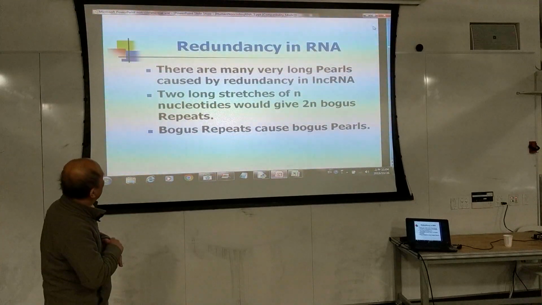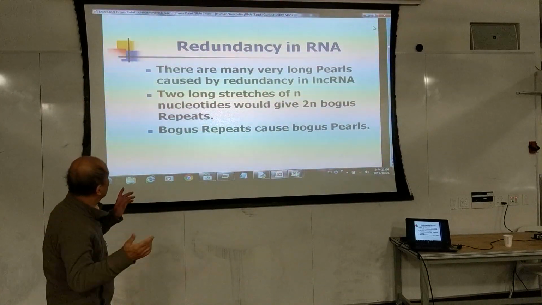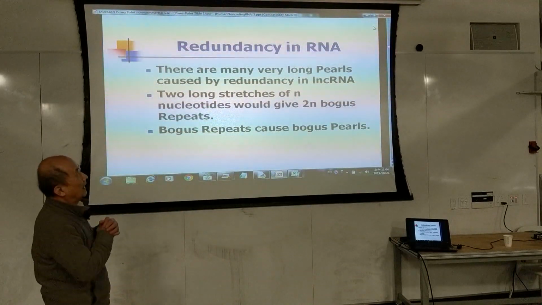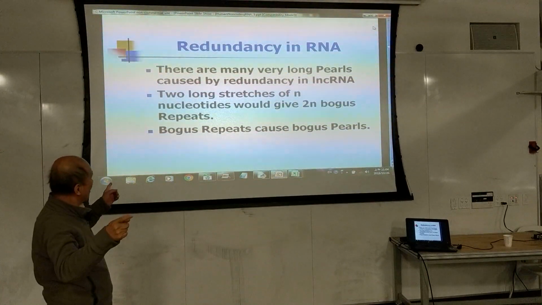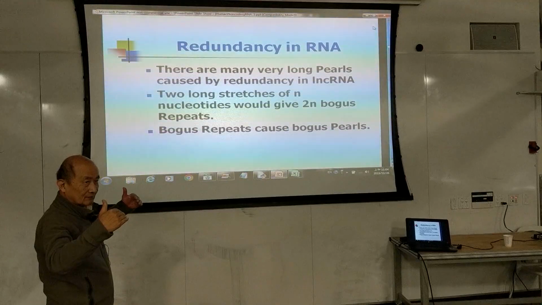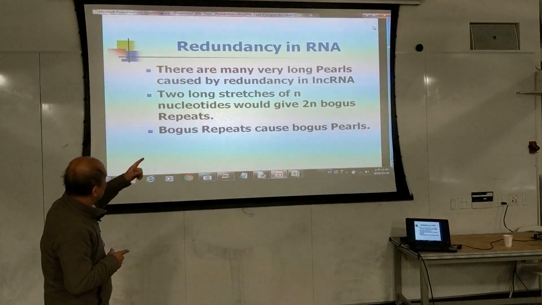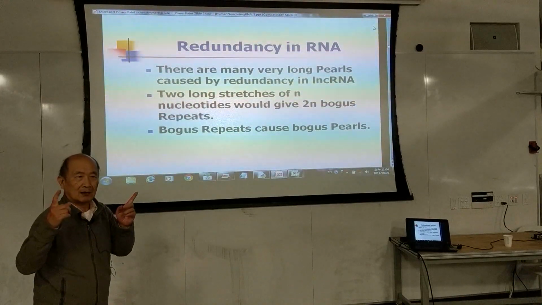If you have two long stretches of nucleotides which are duplicated in one or many different RNAs, they will produce 2N repeats, because every one will be repeated.